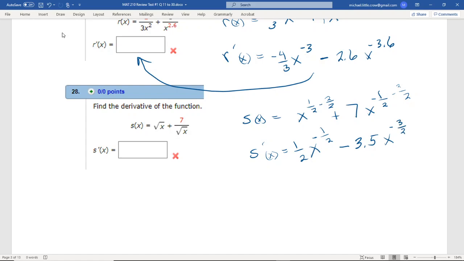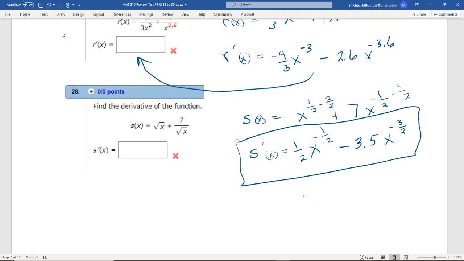And they don't say anything about formatting, so this would be a correct way to leave it. Again, you could also have it as 0.5 x to the negative 0.5 minus 3.5 x to the minus 1.5. You could do that too. Either one of those is a correct answer.